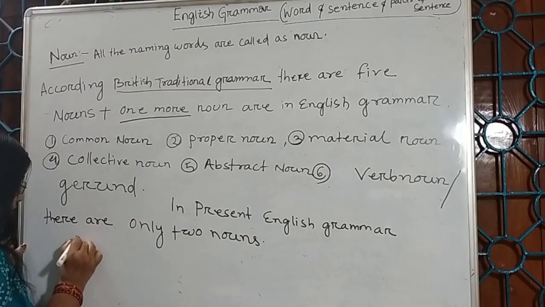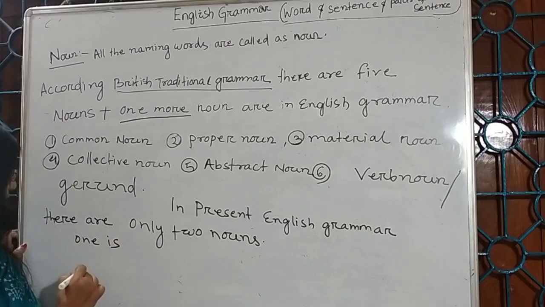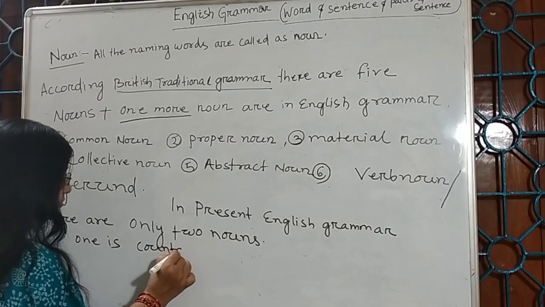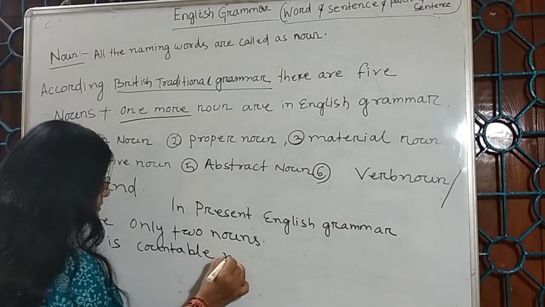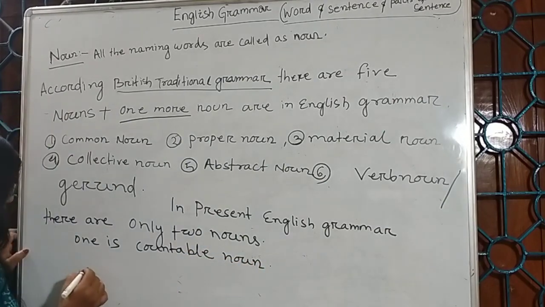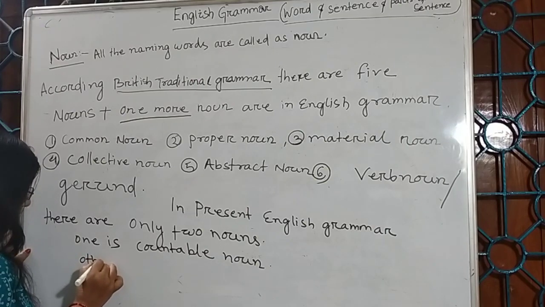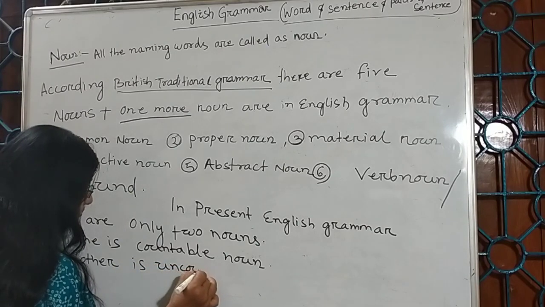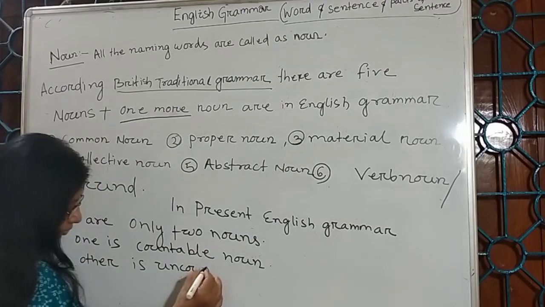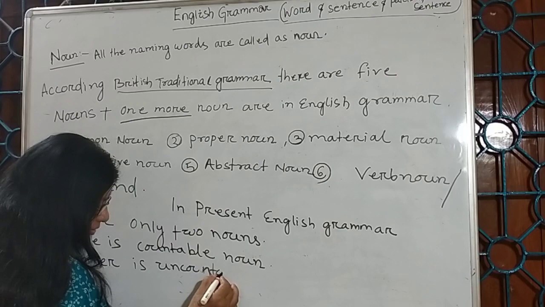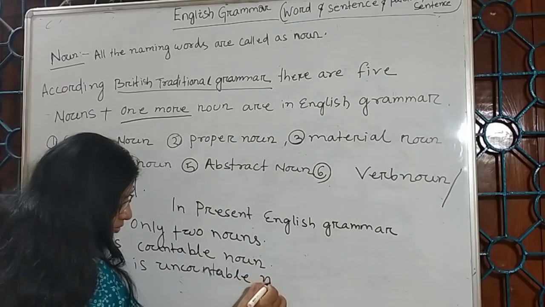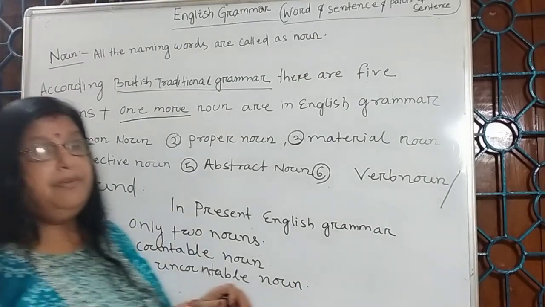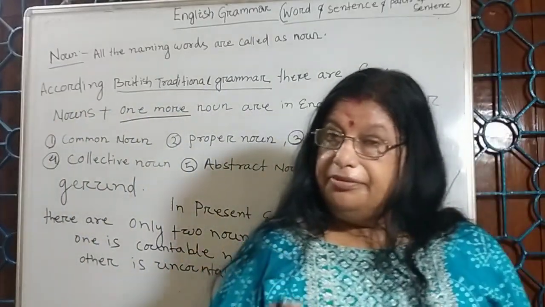One is countable noun, other is uncountable noun. In 1985 British grammar was revised.